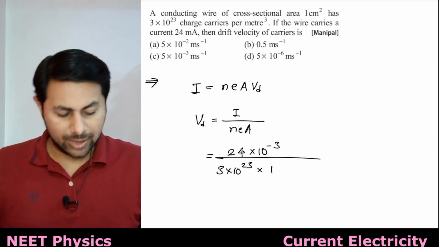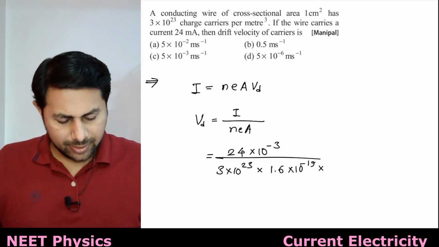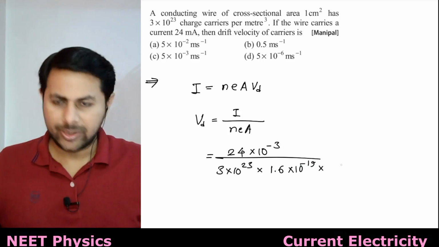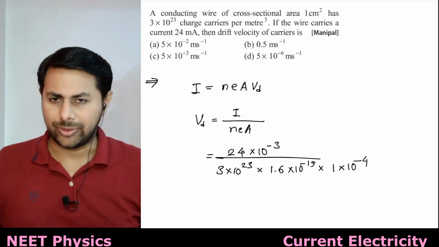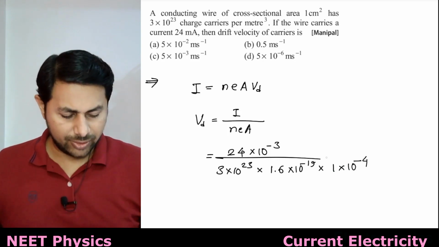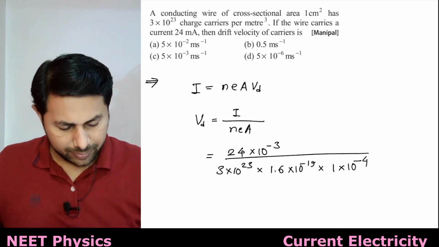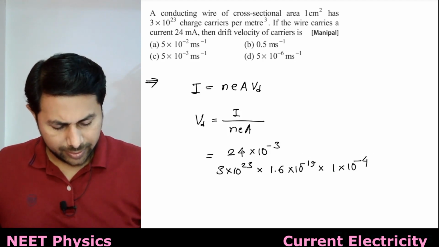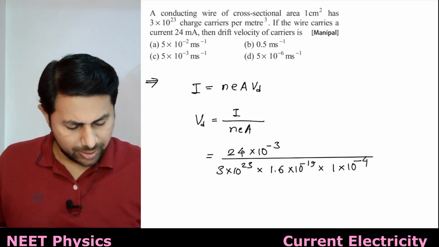Charge on electron is 1.6 multiplied by 10 raised to minus 19, and area of cross section is 1 centimeter square, that means 1 multiplied by 10 raised to minus 4 meter square. You need to convert it to the SI unit, and then carry out the division.